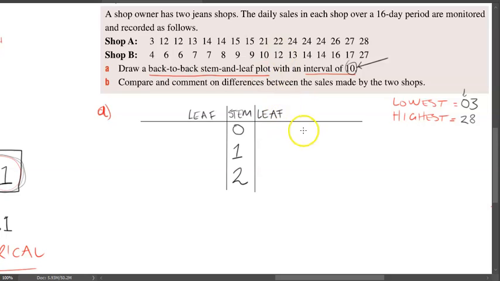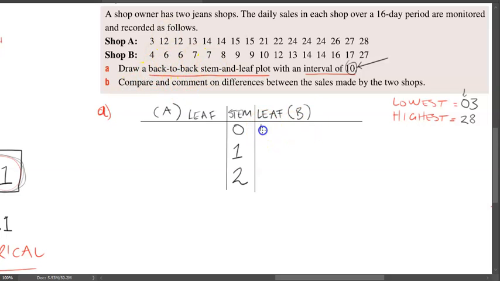Now, this leaf here is going to be for shop B, and this leaf here is going to be for shop A. I'm going to put down the leaf numbers for B first, because I know how to do this from the previous example. Luckily this set of numbers is ordered already from smallest to largest, so there's no point in underlining them.